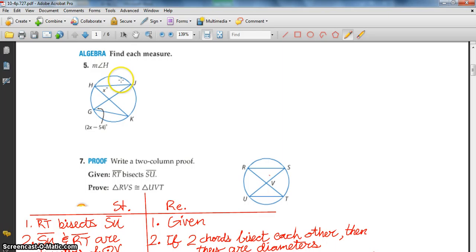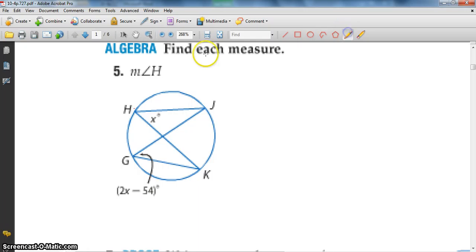For number 5, find the measure of angle H. The measure of angle H, this angle, and the measure of angle G will be the same, because both of them intercept the same arc here. So if two inscribed angles intercept the same arc, the measures are equal.